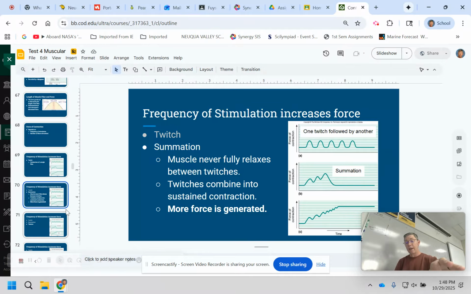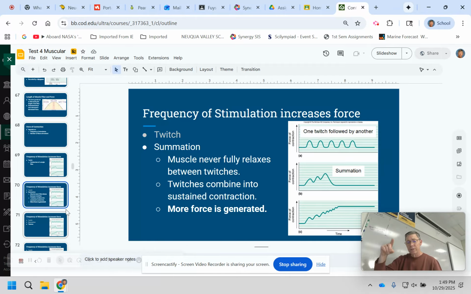So now I still have some from the last time, plus what was just sent in there, and that allows more binding sites to be opened than before. And if more binding sites are open, more cross bridges get to attach all at the same time and pull. And because we have more cross bridges pulling at the same time, more force can be generated by that fiber. And that's what the graph is showing, the amount of force.